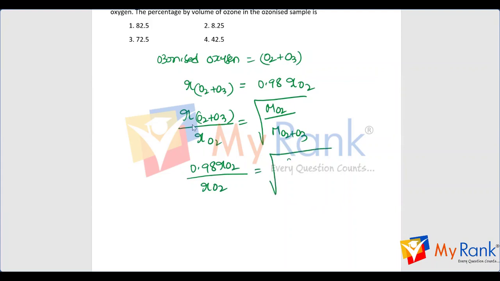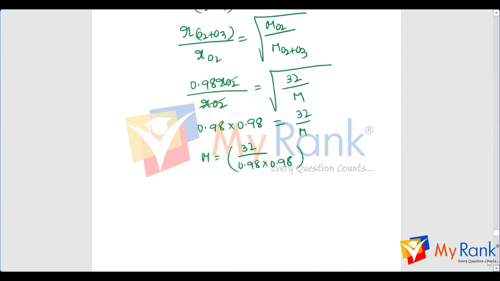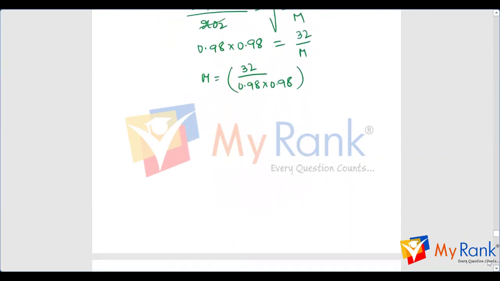Molecular weight of O2 is 32 and this one we don't know, M. So the rates cancel: 0.98 is equal to root of 32 by M. So M is equal to 32 by 0.98 into 0.98. This is the average molecular weight.